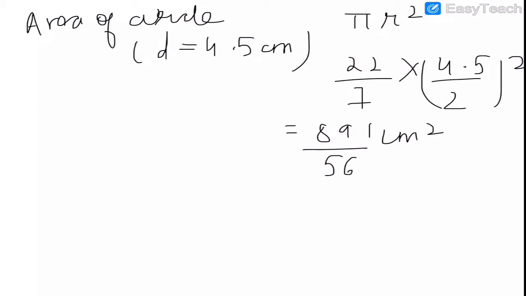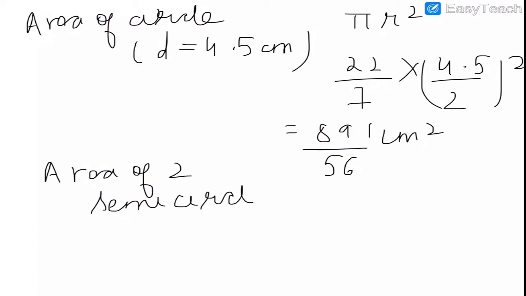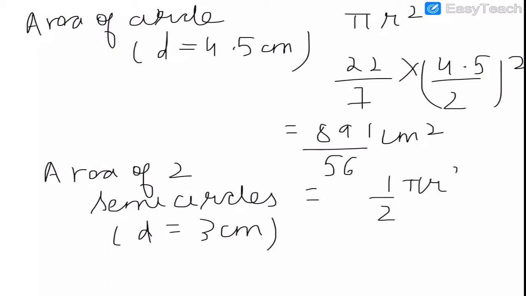Next we need to find the area of two semicircles. Area of two semicircles which have diameter as 3 centimeter. So area of one semicircle is half pi r square.